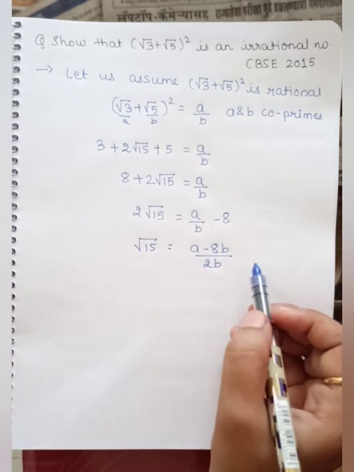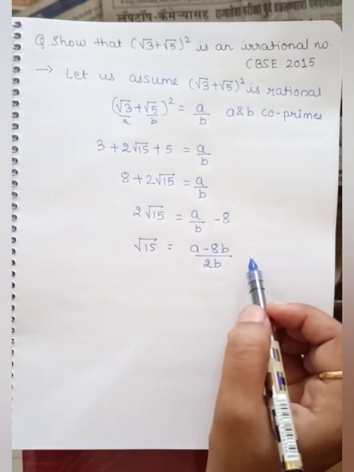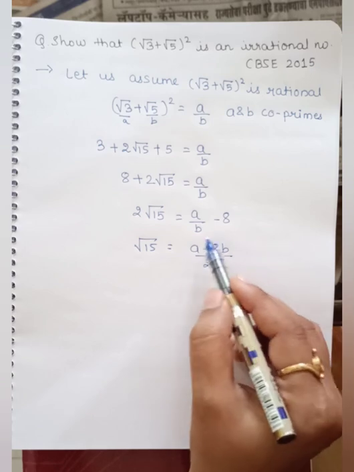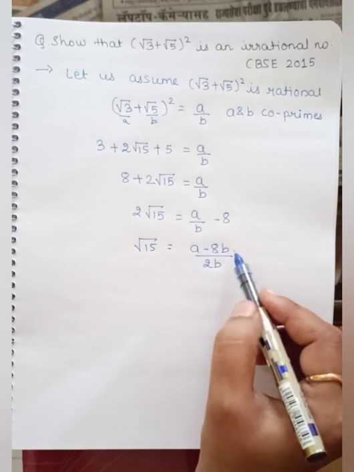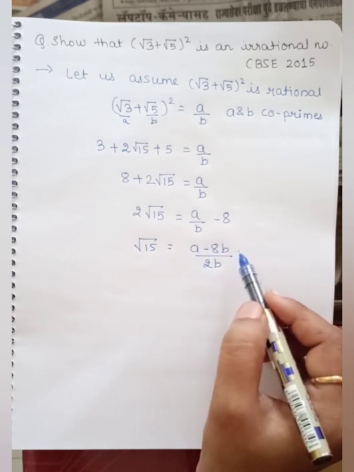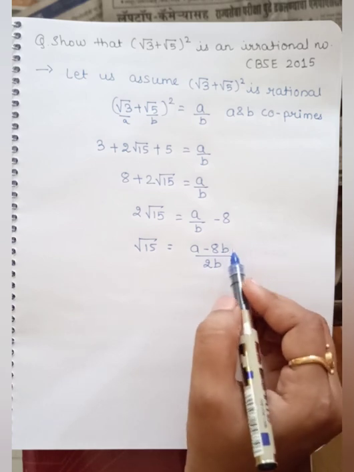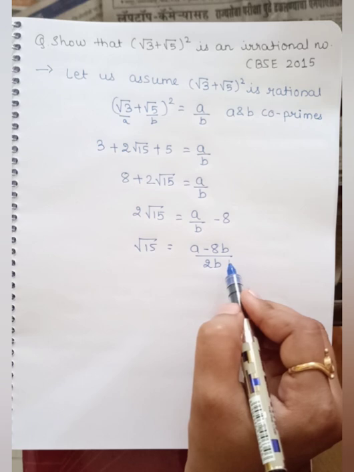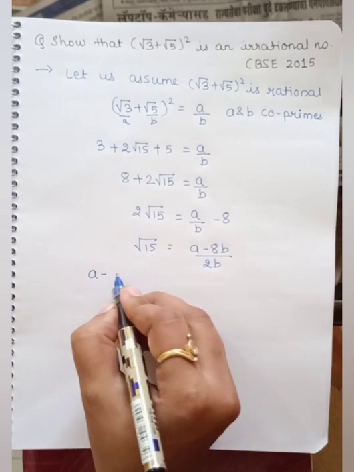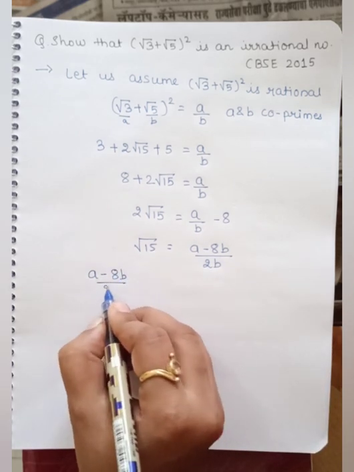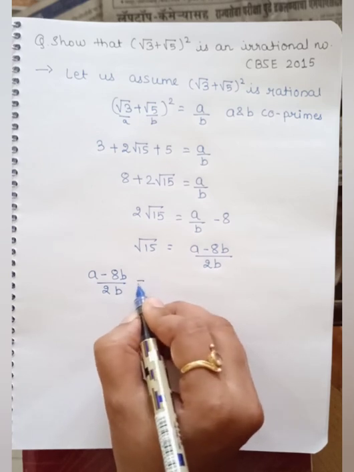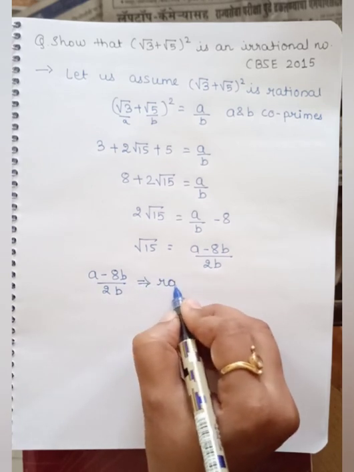As you can see, all the values present on the right hand side are integers, and if they are all integers, the value of RHS would be a rational number. So a minus 8b by 2b will be a rational number.